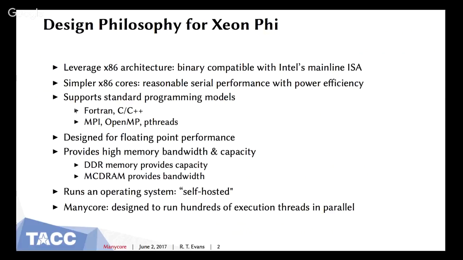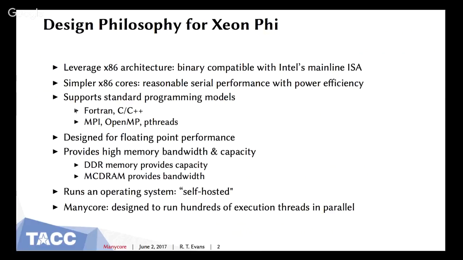They've taken some of their advanced x86 cores and in the first generation stripped out what they didn't need so they could add larger vector units, and then they've added some of those features back into KNL. And I'll get to that in a second. This architecture and these cores support standard programming paradigms.